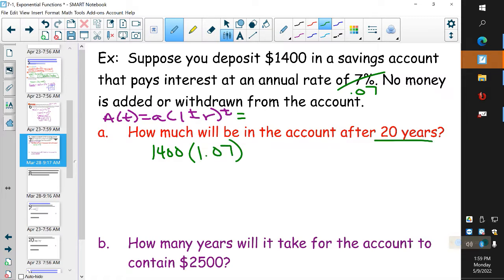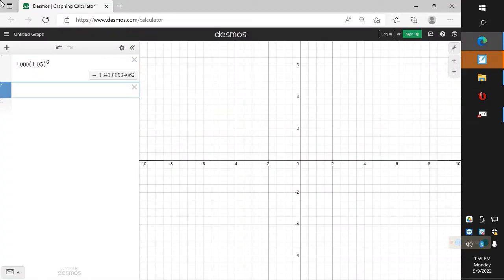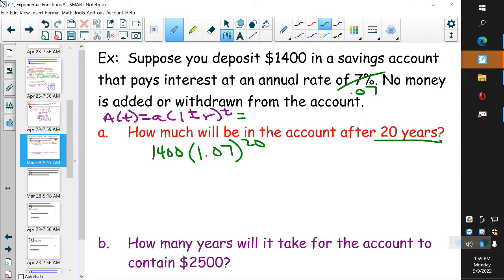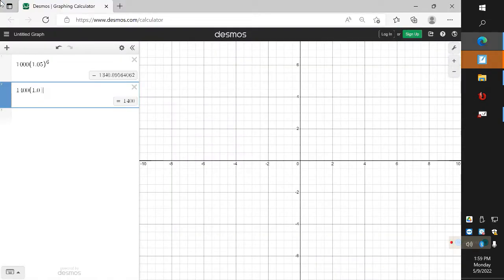And then I want to know how much I have in my account after 20 years. Raised to the 20 power. Yes? So I come over to Desmos and I put 1,400 parentheses 1.07. On the outside of the parentheses, you have an extra parenthesis. It didn't like me.